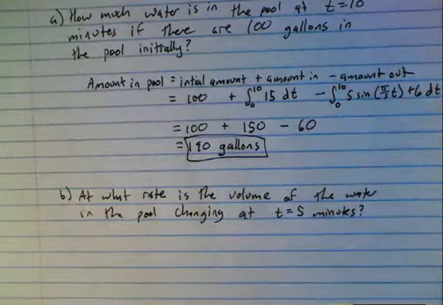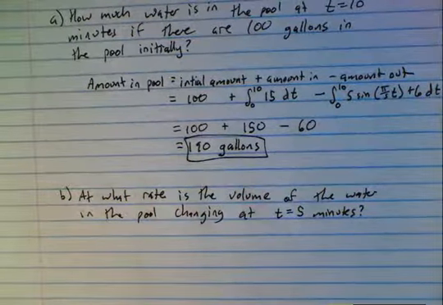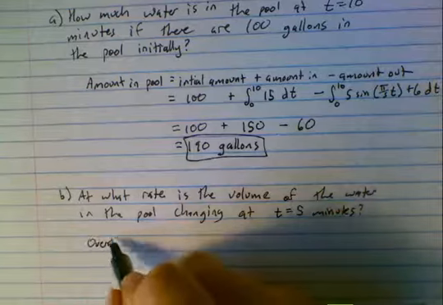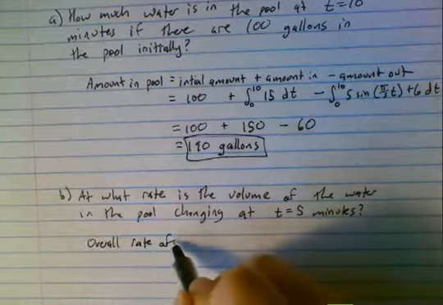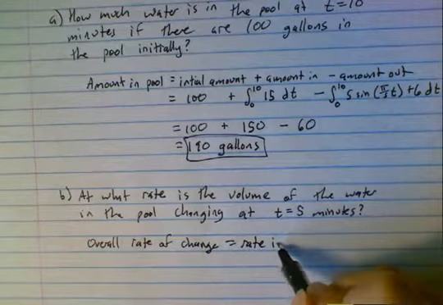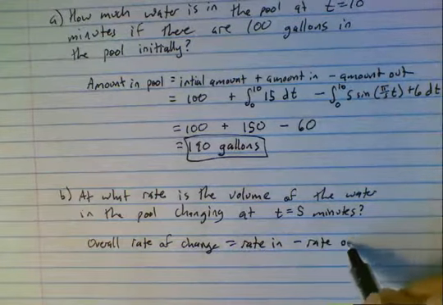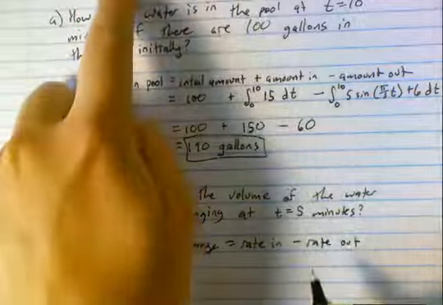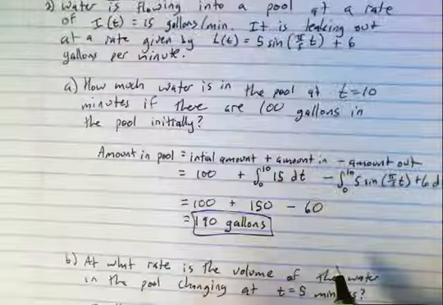Well, our overall rate of change is the rate that the water is flowing in minus the rate that it's flowing out. And these were told. We don't have to do any integrals with this. We just have to look at our problem.